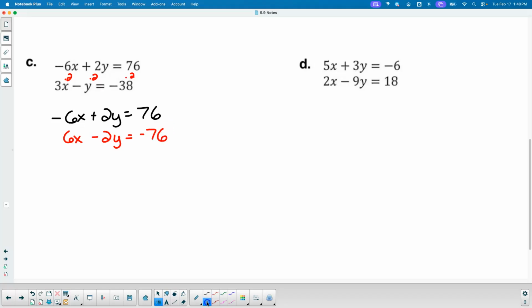When we add them together, negative 6x plus 6x is 0, 2y minus 2y is 0, 0 plus 0 is 0. 76 plus negative 76 is 0. Is that a true statement or is that a false statement? The true statement, so what's my answer? Infinite solutions.